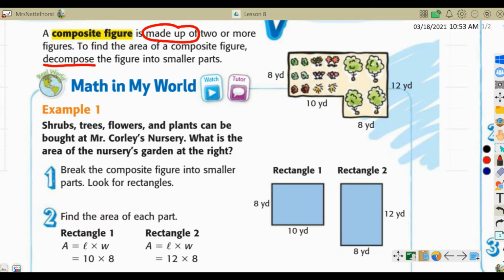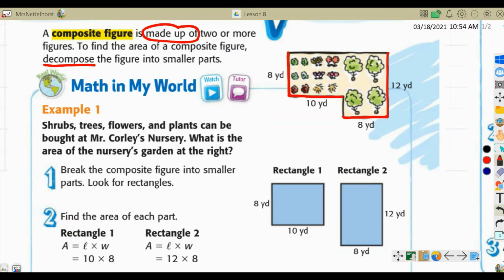So shrubs, trees, flowers, and plants can be bought at Mr. Corley's nursery. What is the area of the nursery's garden at the right? You can see the garden up here, and you can see that it is 8 yards here, 10 yards here, 8 yards here, and 12 yards here.